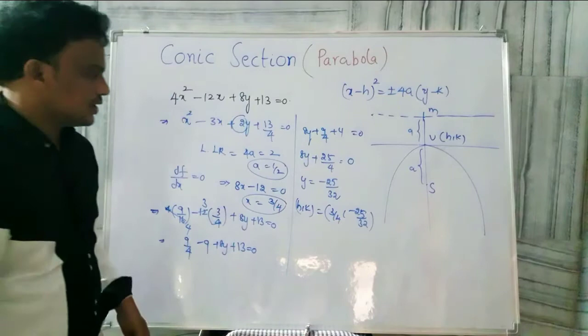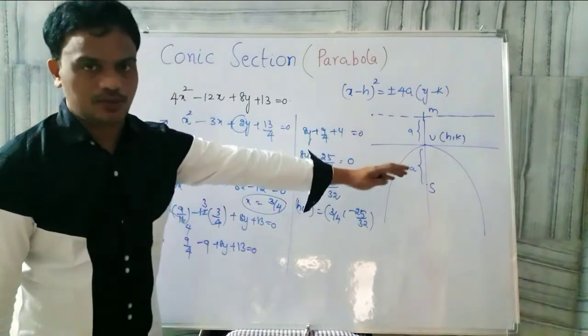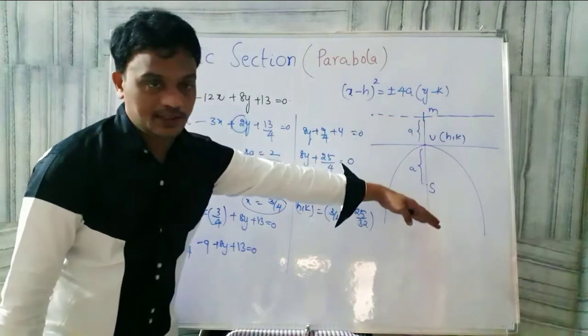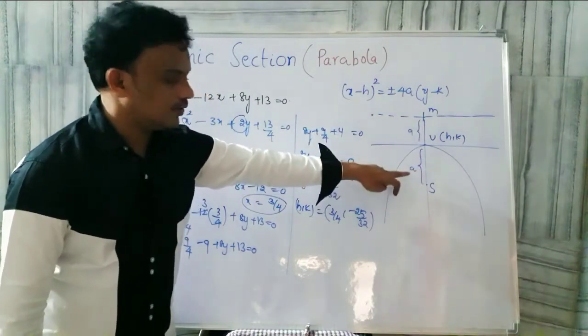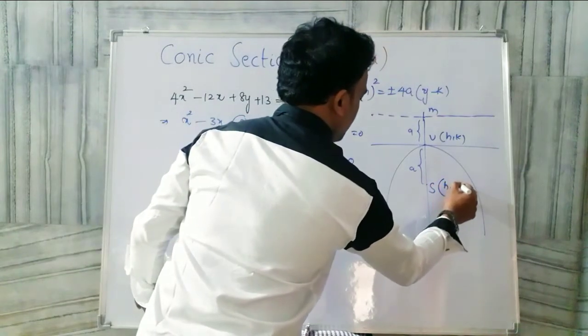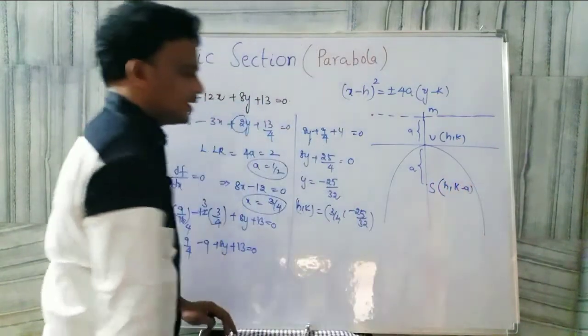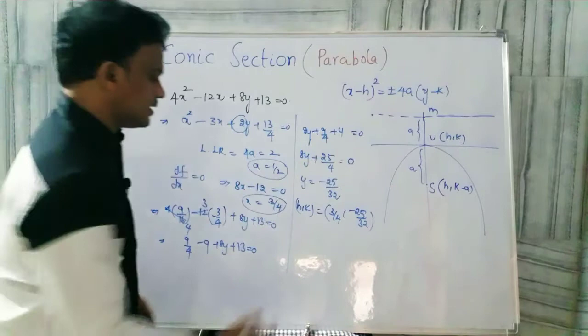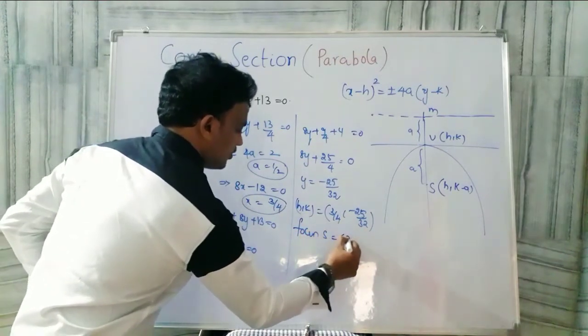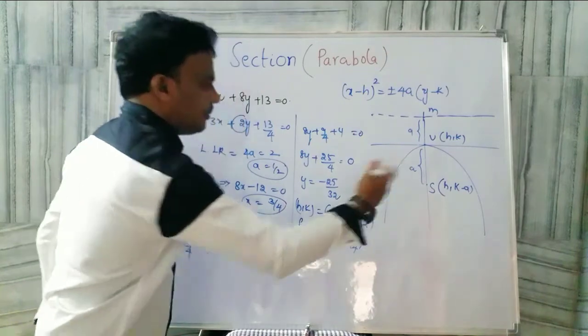Now what is the focus? Please observe this. From the vertex, the y coordinate is decreasing, and that value is a. So you write clearly that the focus is h comma k minus a. Am I right or not? So the focus is the h value 3 by 4 and k minus a.